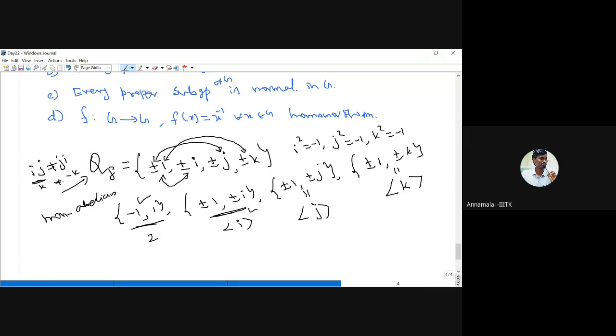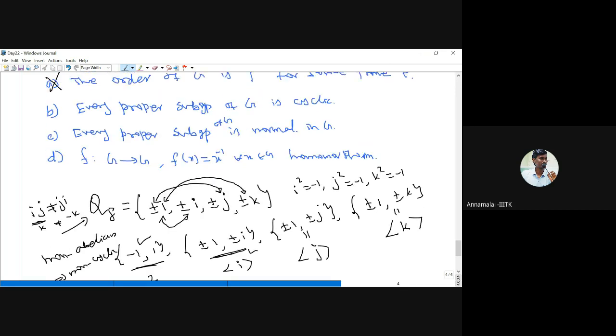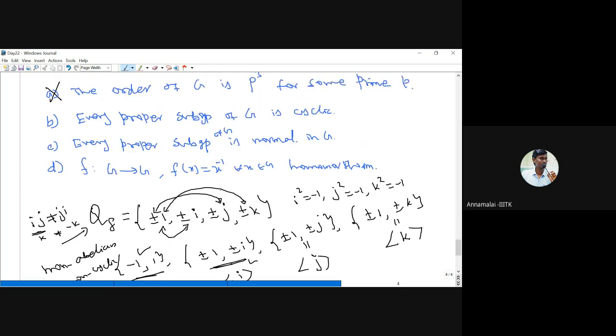Therefore, k is not equal to minus k, so this group is non-abelian, which implies non-cyclic. But every proper subgroup is cyclic. So it satisfies the second property, that every proper subgroup is cyclic. From this, we cannot say G is abelian. Therefore, the second option is also false.